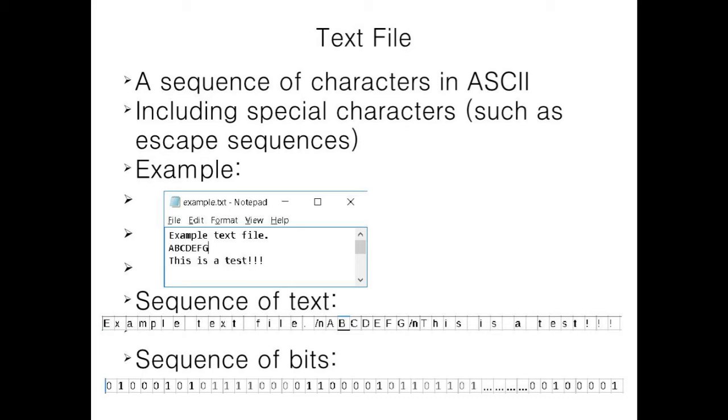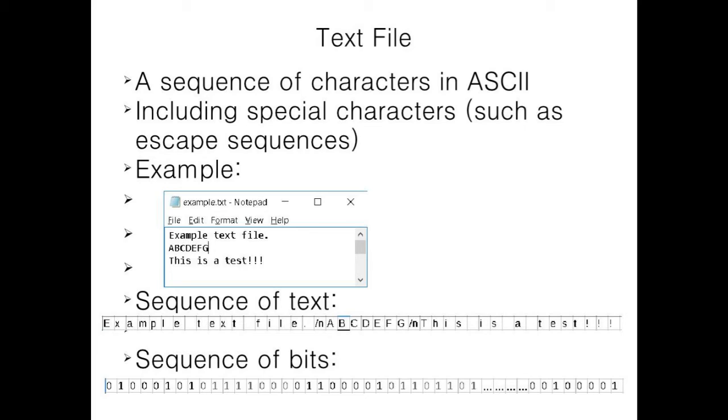So here we have an example of a text file. This text file contains 3 lines of characters. The text file just treats that as one sequence of text, starting with the first character, the capital E, and ending with the last character, an exclamation mark.